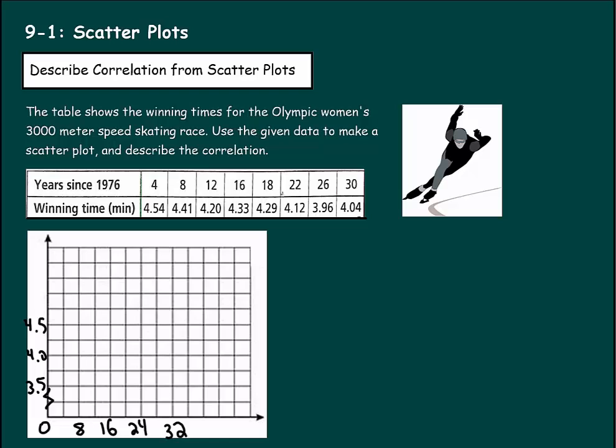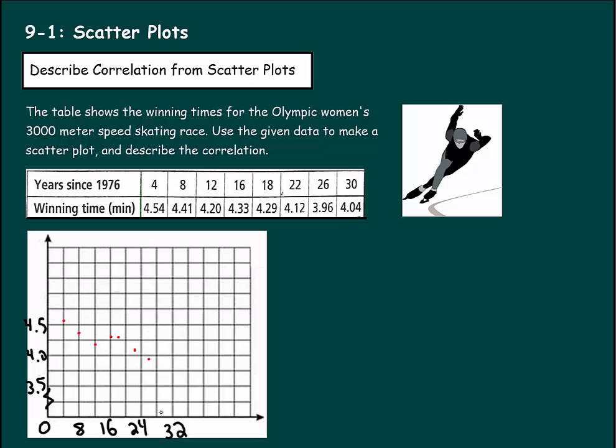Now let's plot our points. So 4 years after 1976, it's going to be 4.54, so right about there. 8 years after is 4.41. 12 years is 4.20, so right about there. 16 years is 4.33. 18 years is 4.29. 22 years is 4.12. 26 years is 3.96.